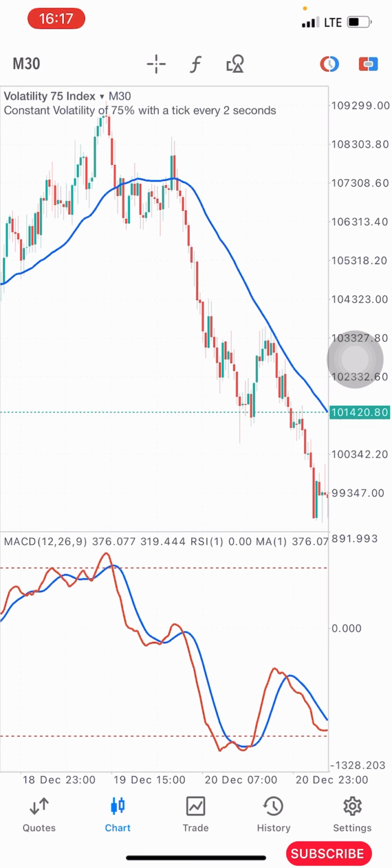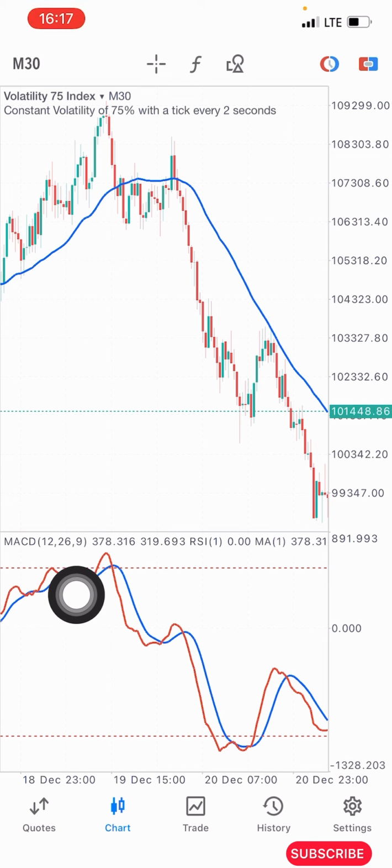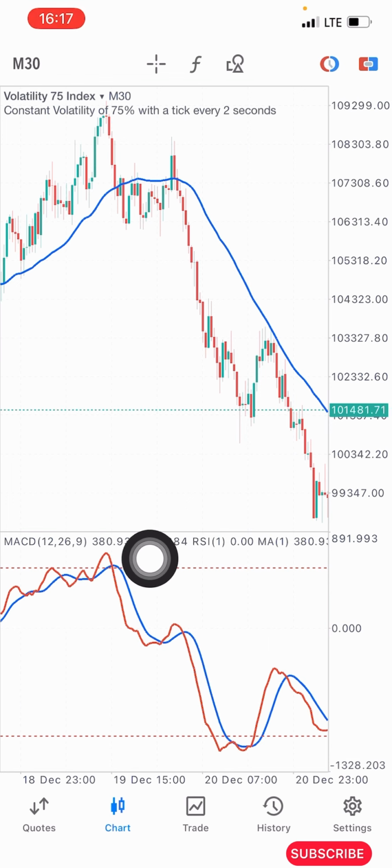The first thing you want to know is that whenever you see this red and blue line get to the overbought level, this area here, it means when these indicators get here, price should reverse to the downside. This is the overbought level, so when price gets to this area, it should start selling, and when price gets to the oversold level, this area here, it should start buying.